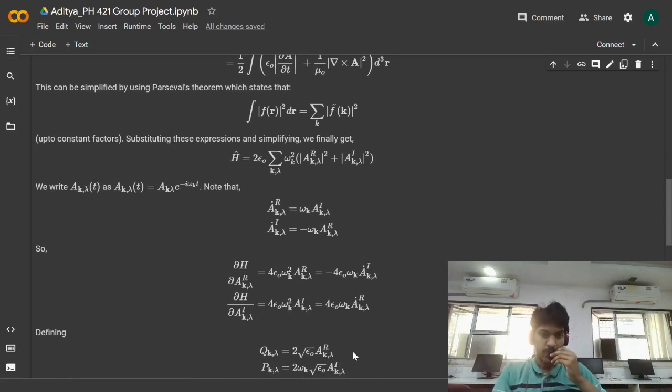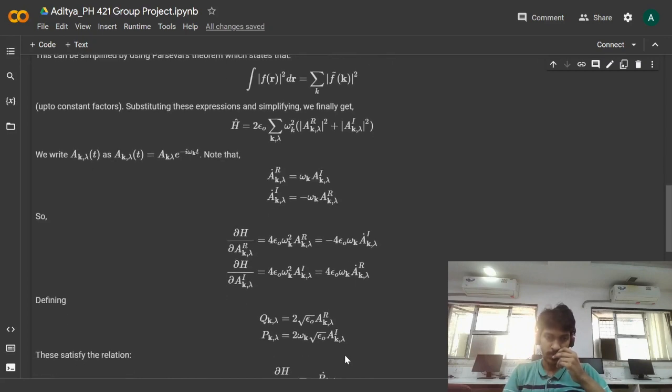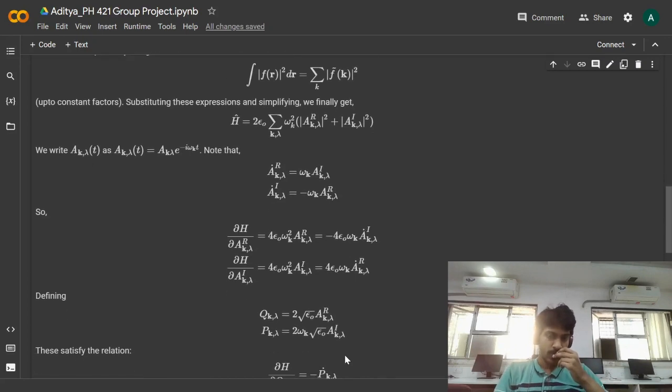After that, we define these variables: let q_{k,λ} be 2√ε₀ times the real part of a, and let p_{k,λ} be 2ω_k√ε₀ times the imaginary part of a.